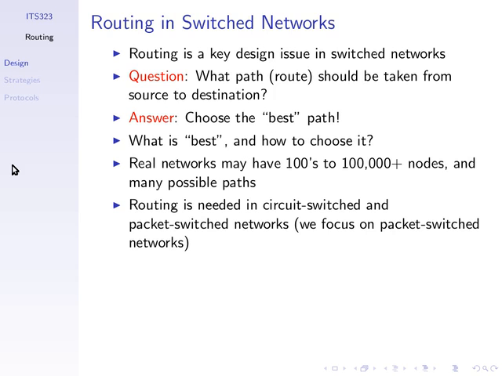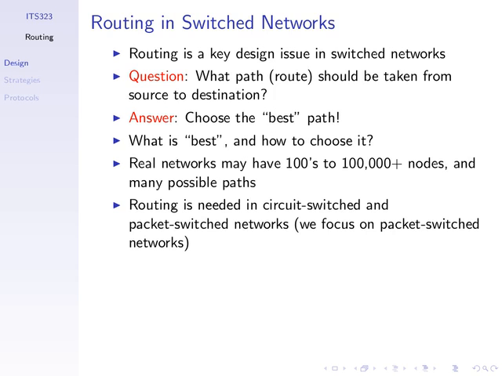So we need first two things. We need to define what we mean by best. If I say choose the best path from source to destination, what do we mean by best? And then what algorithm would calculate that best path for us, so a routing algorithm.